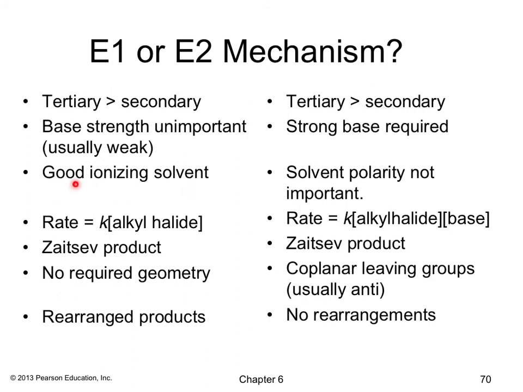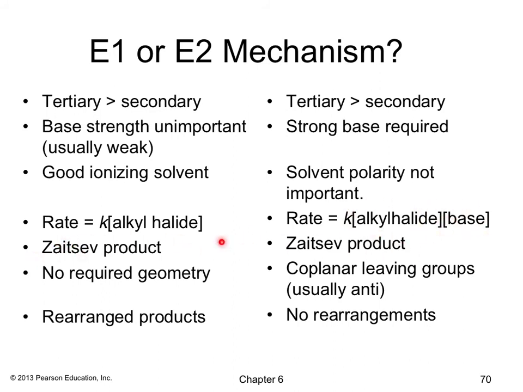A good ionizing solvent is really necessary to stabilize that carbocation as well as the halide, whereas the solvent polarity is not as important for E2. In E1, it's unimolecular, so it's dependent on the concentration of alkyl halide. In E2, it's bimolecular. You have it dependent on the concentration of alkyl halide as well as the base.